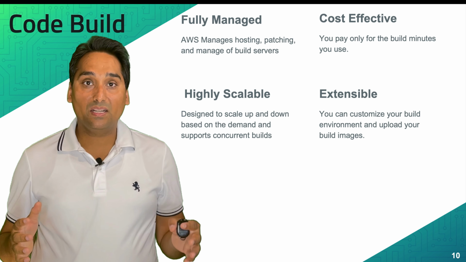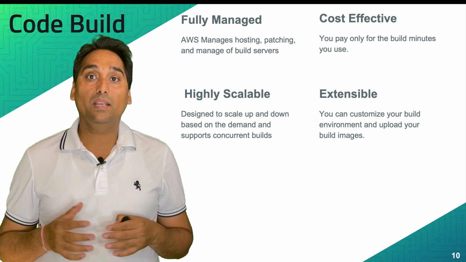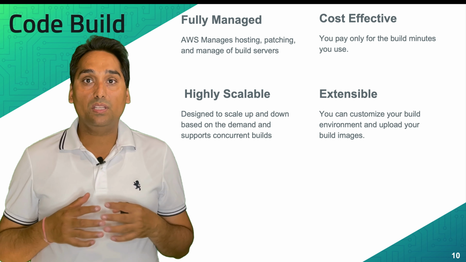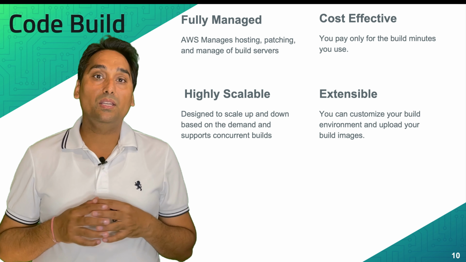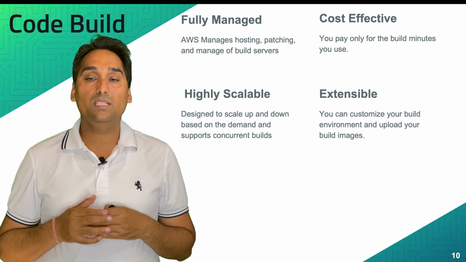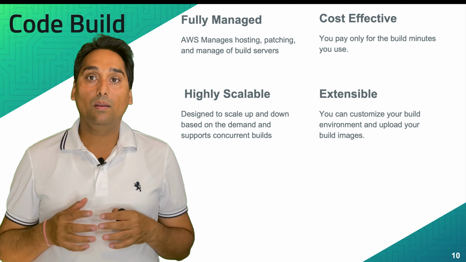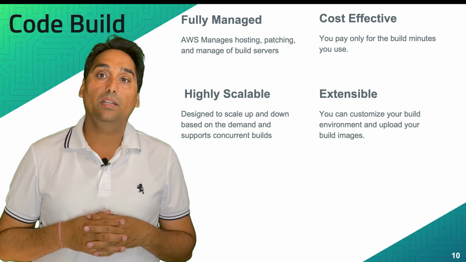You can package the runtime and tools for your build into a Docker image and upload it to the public Docker Hub repository or Amazon EC2 container repository. When you create a new build project, you can specify the location of your Docker image and Code Build will pull that image and use it as the build project configuration for you.